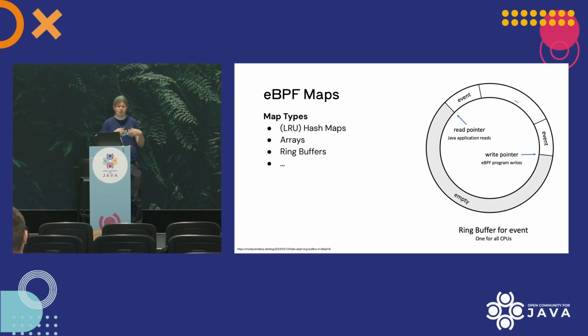As I said, we have a couple of eBPF maps. The list is ever growing because someone needs something and they just implement it and now it's there. If you ever developed something in C without any collection framework, this is far better because the hash maps are very nice. We have arrays. The only problem is it's all pre-allocated because we don't want to malloc all the time, and that's also not the best thing, but it's fine.